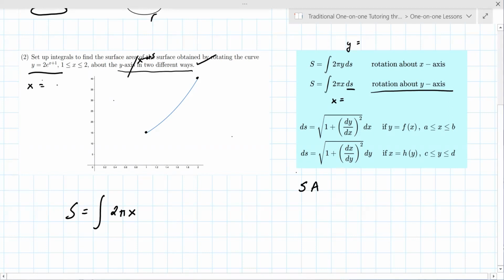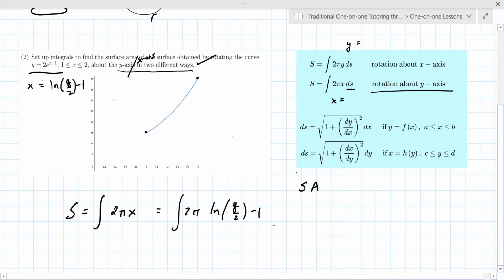Does that sound right to you? Yeah, natural log of y over 2, and then minus 1. So that's your x in this one. So it's really 2 pi natural log of y over 2 minus 1. And then your ds has to be in terms of y.